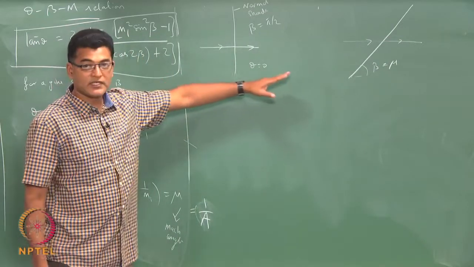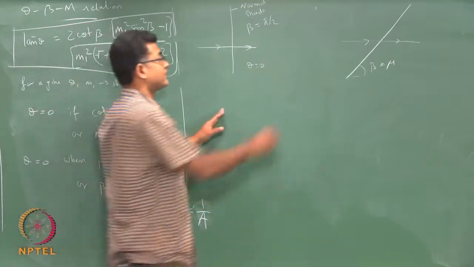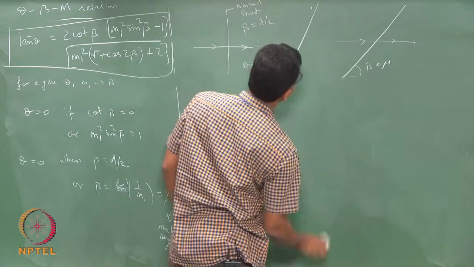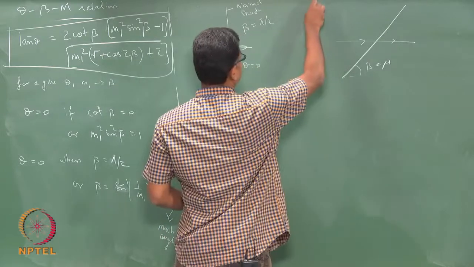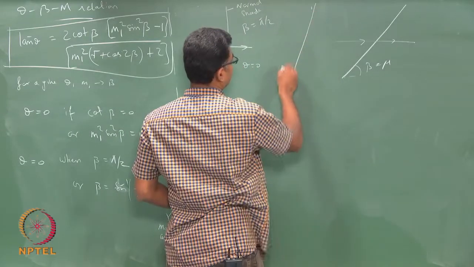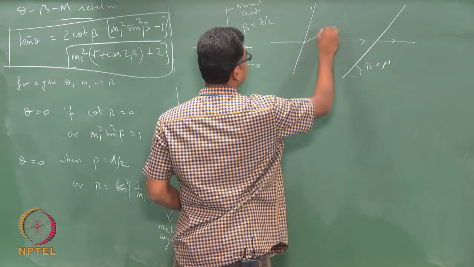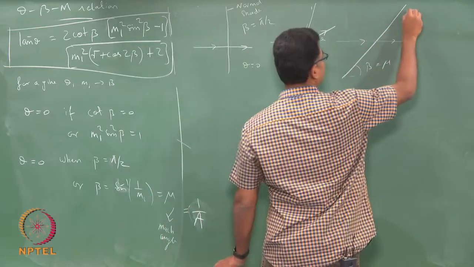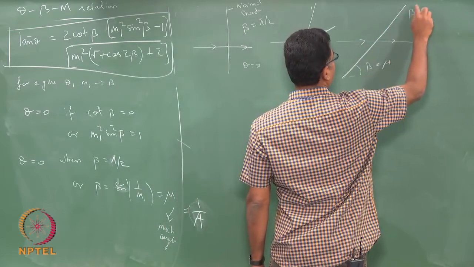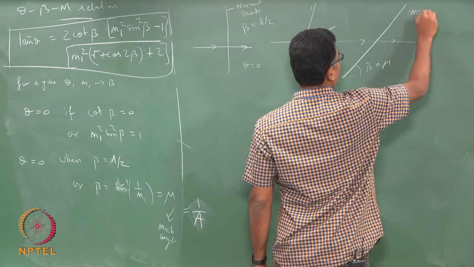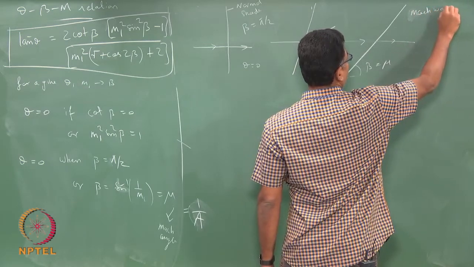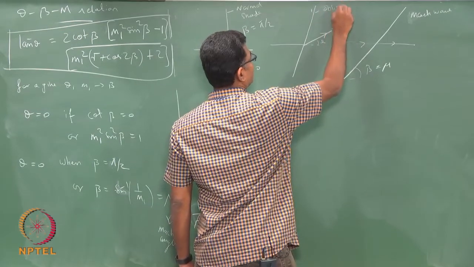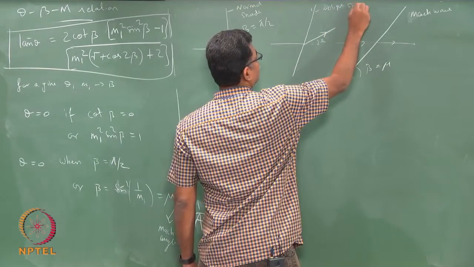So, if I have a shock angle between these two, somewhere like this, I have a shock angle. So, this is Mach wave, this is oblique shock.